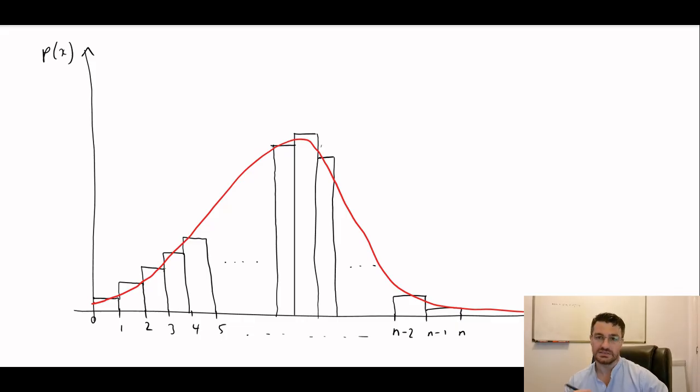Hence, at least from a purely practical perspective, we're justified in using the normal distribution to approximate the binomial distribution. Okay, so that's one way that we can subjectively justify that method of approximation.